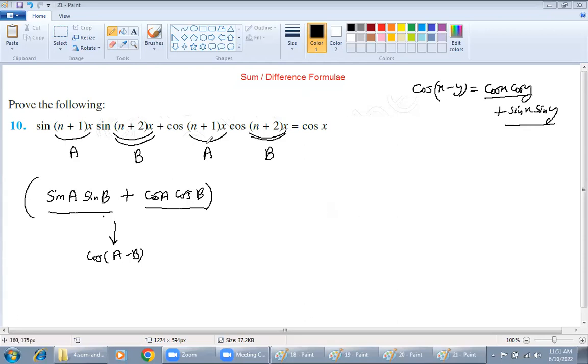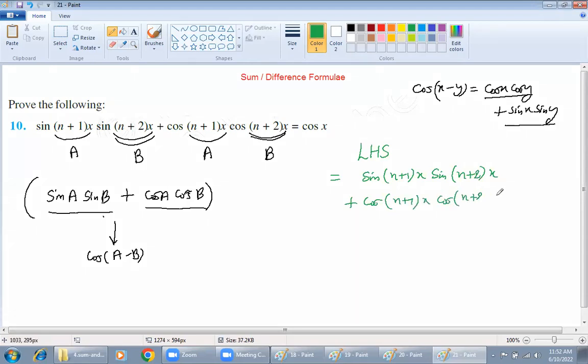So what we can write? We can write the left hand side as sine of n plus 1 x, sine of n plus 2 x plus cos of n plus 1 x cos of n plus 2 x equal to cos of n plus 2 times x minus n plus 1 times x.